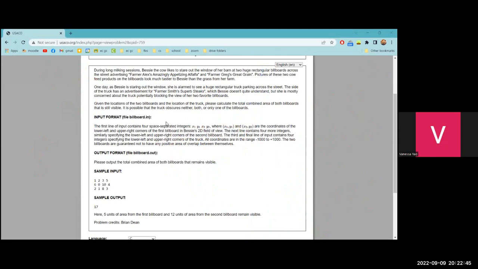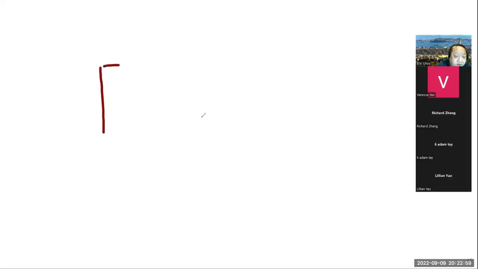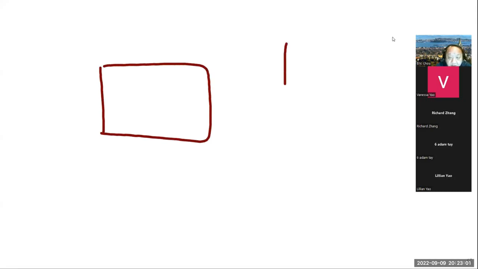So if you are okay so far, then the problem goes back to this. Let me share my screen with the whiteboard. Because this ball and this ball will always be disjoint, you don't need to worry about it.